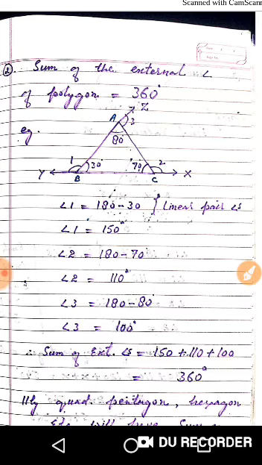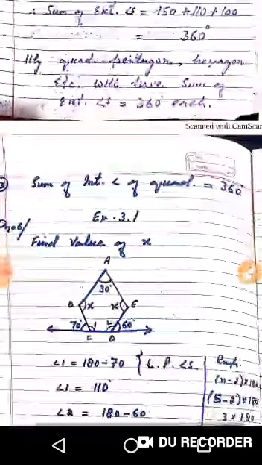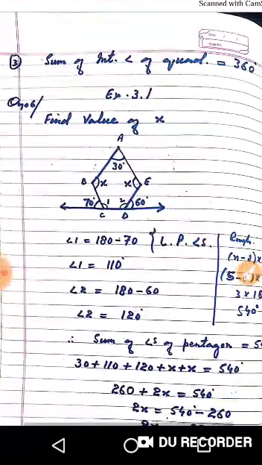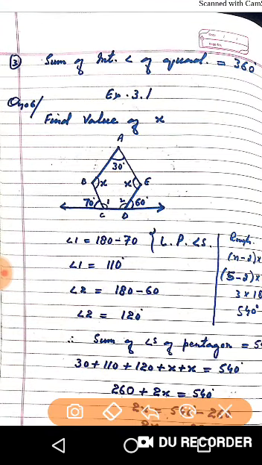One more thing which you already know is that the sum of the internal angles of a quadrilateral is 360 degrees. This should also be kept in mind while doing the questions of exercise 3.1. I will show you some typical questions of exercises 3.1 and 3.2. The rest you will practice yourself.